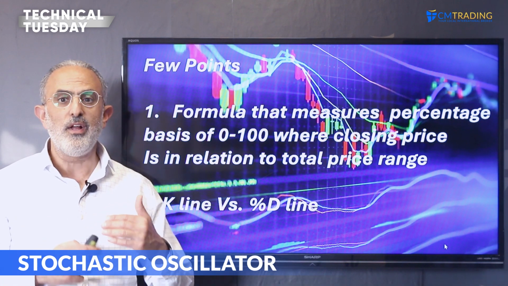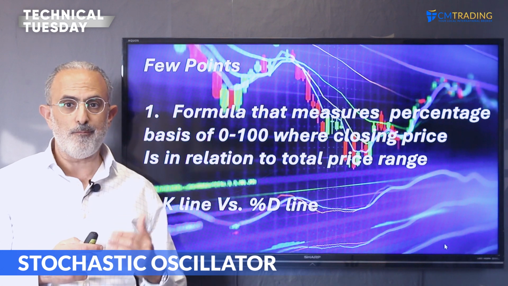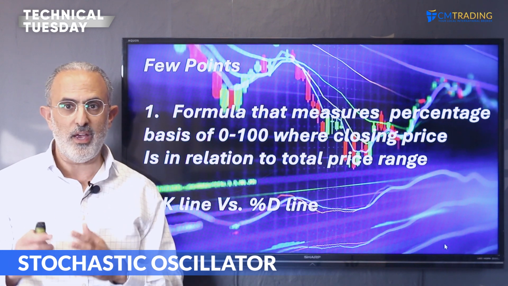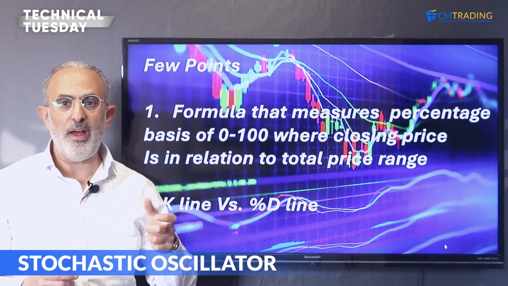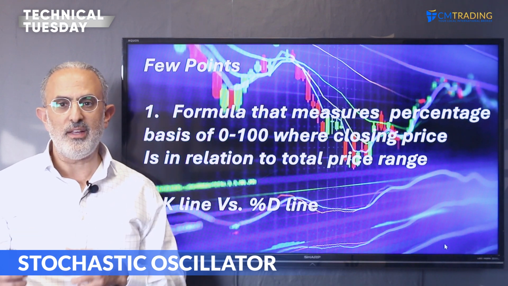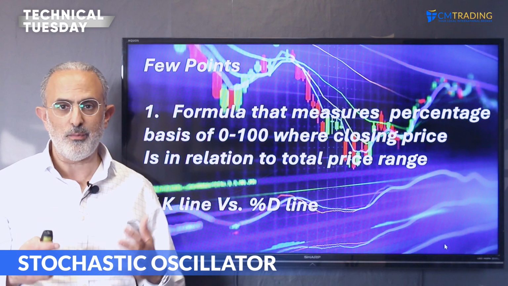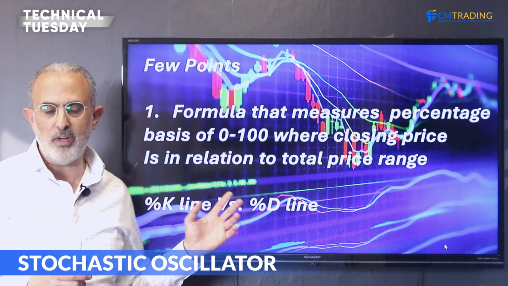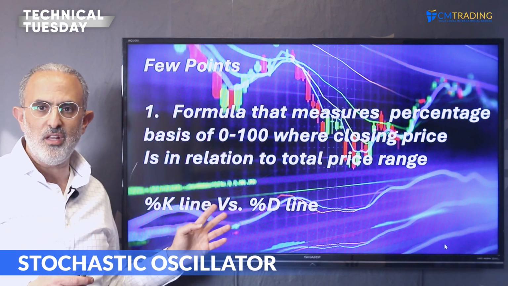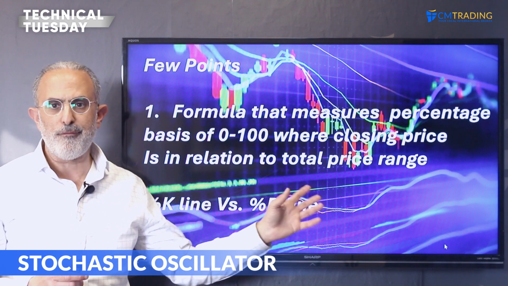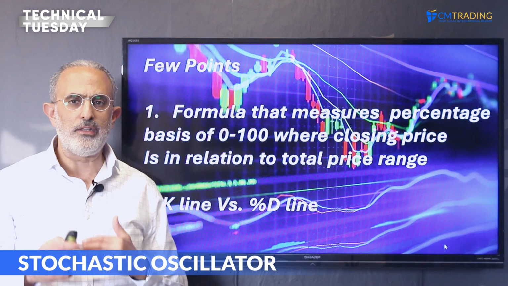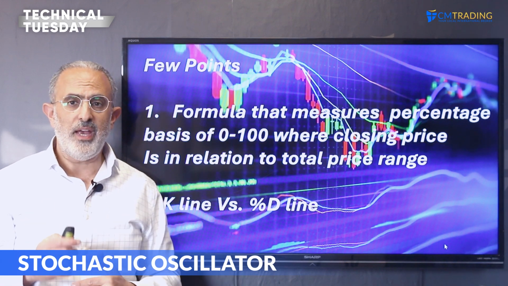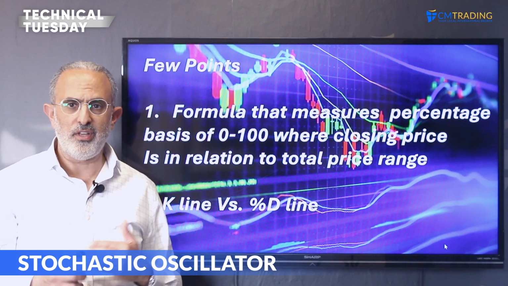So it gives you a measurement or an average, just like a moving average does, and it gives you that element of a crossover, and, like I said before, a sign that a new trend is being formed. There are two lines, what we call the K line and the D line. But for our purposes, the D line is much more important in terms of giving us signals as to entry points as things are turning around.